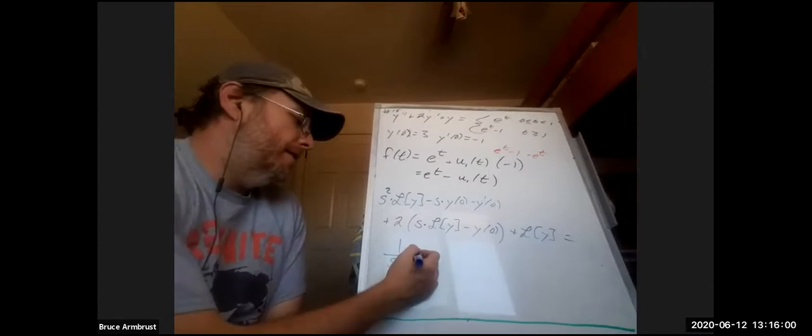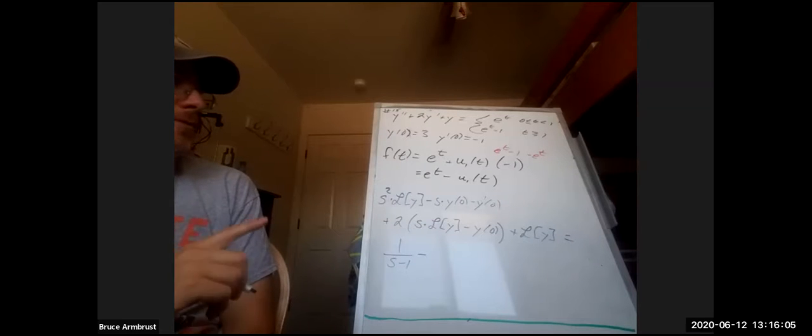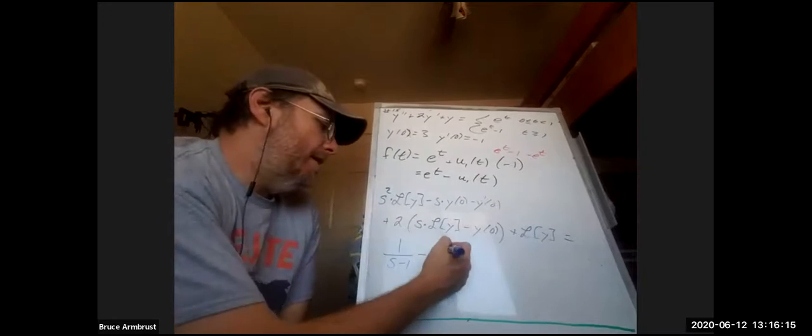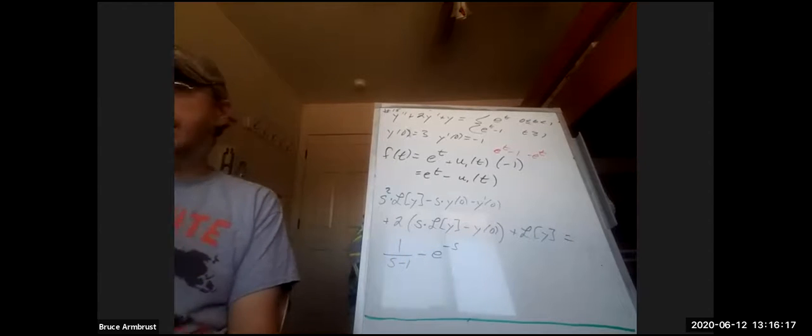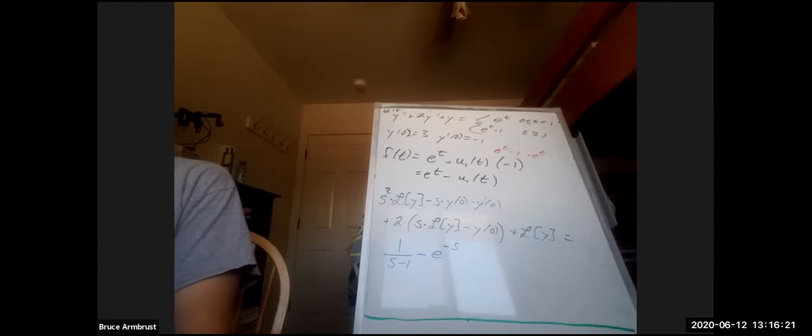And then we're going to subtract the Laplace transform for u sub 1. The unit step function is always e to the minus cs over s, so this will be e to the minus s, because c is equal to 1, and then we divide by s.